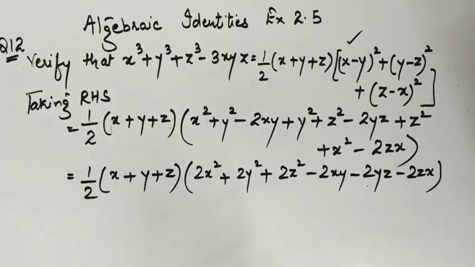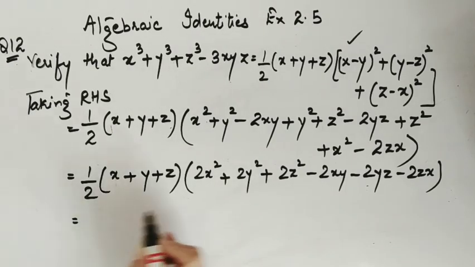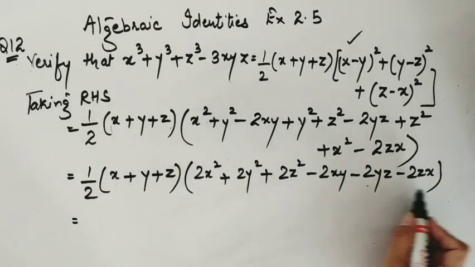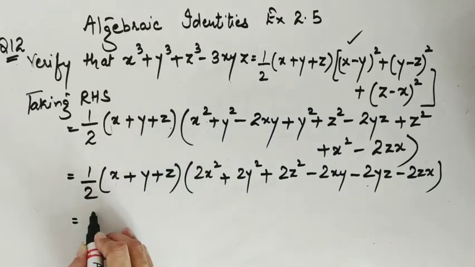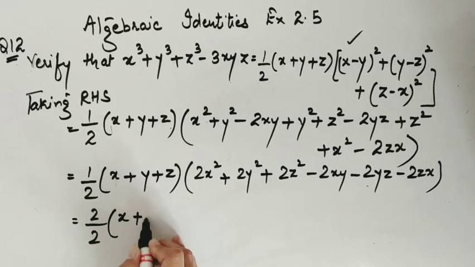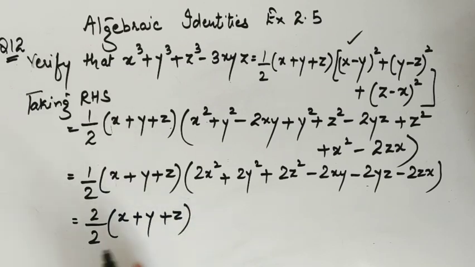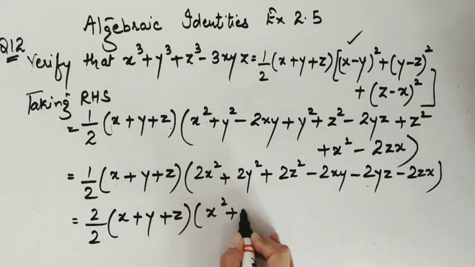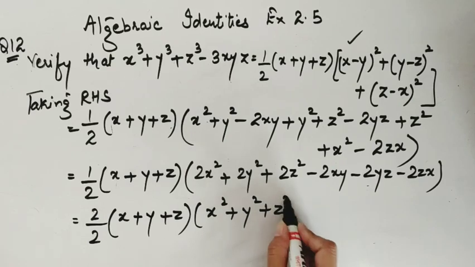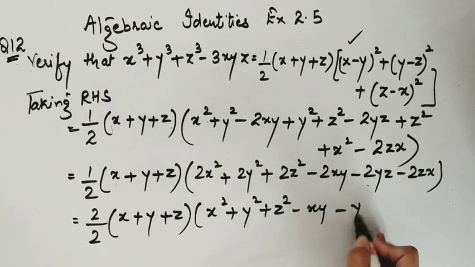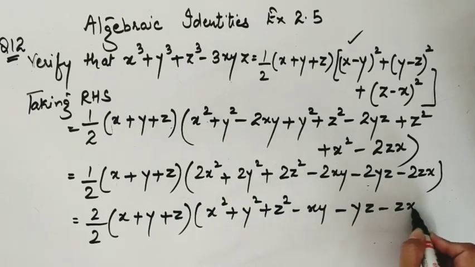And in the next step, can we take 2 common from all these terms? All 6 terms have got 2, so bring it out, and 2 is already in the denominator. What are we left with? This is x square plus y square plus z square minus xy minus yz minus zx.